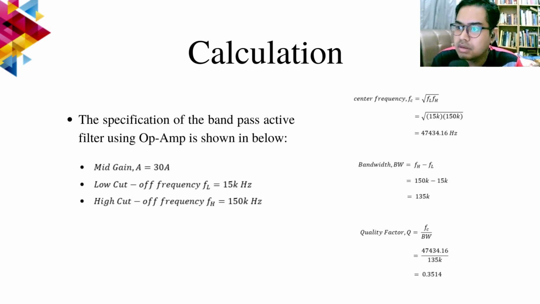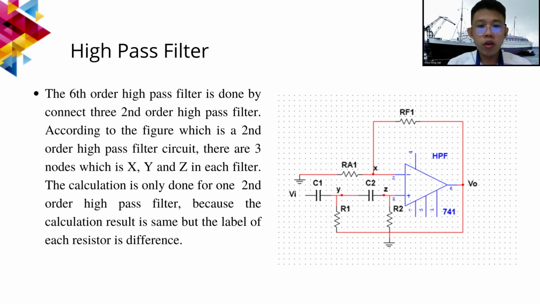The bandwidth is FH minus FL, and we get 135K. And the quality factor, which is FC over BW, is equal to 0.3514. To identify the parameter of each component, we have used some formulas and calculations.